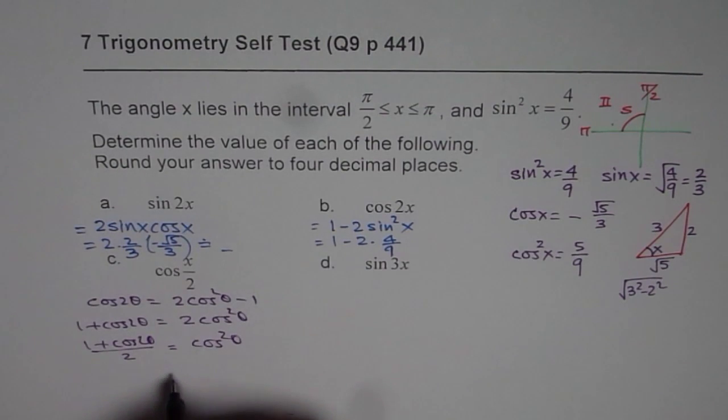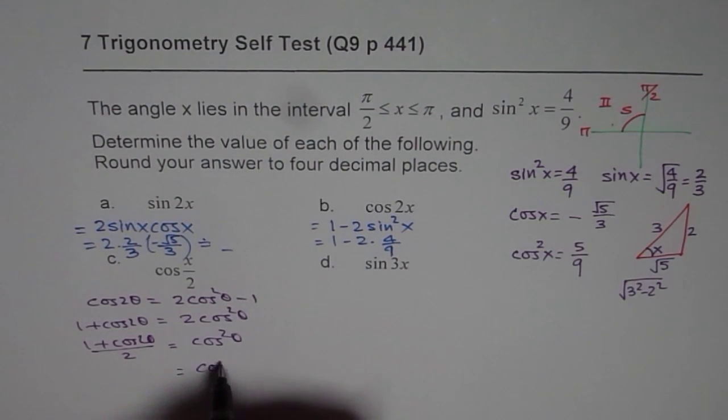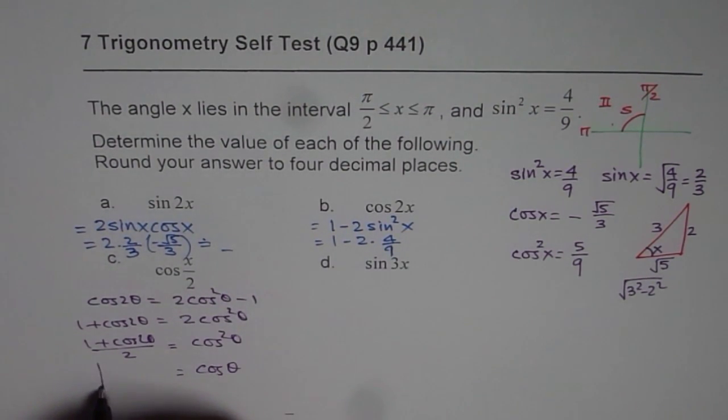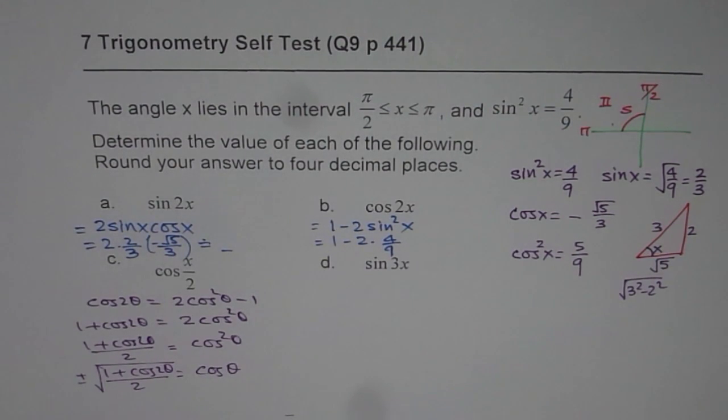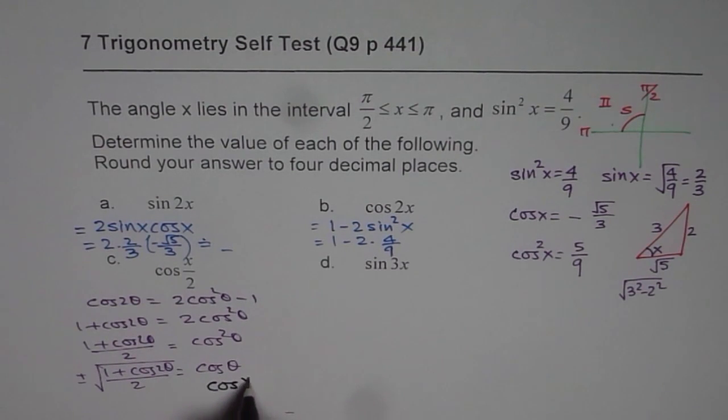Now you square root. So when you square root, you get cos theta equals plus or minus square root of (1 plus cos 2 theta) divided by 2, and always put plus and minus. But what do you need? You need cos x by 2. So if I replace theta by x by 2, then what happens? We get cos x by 2.